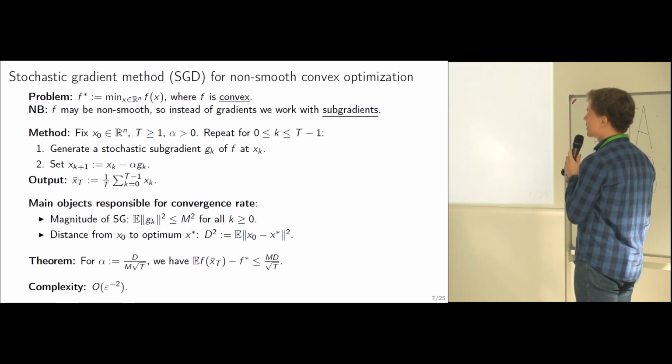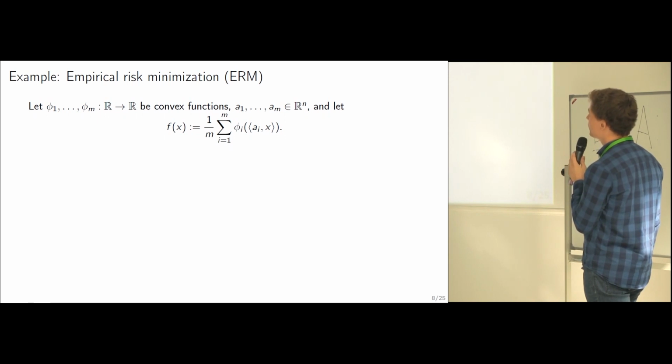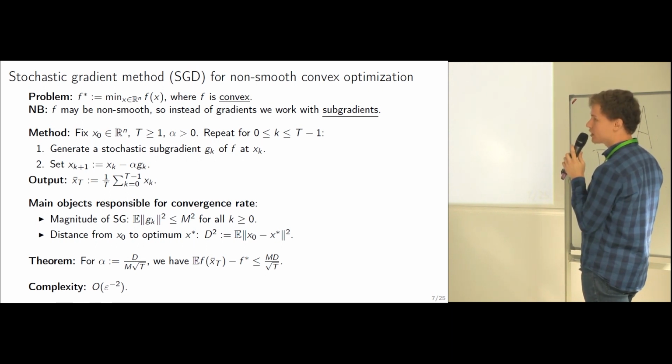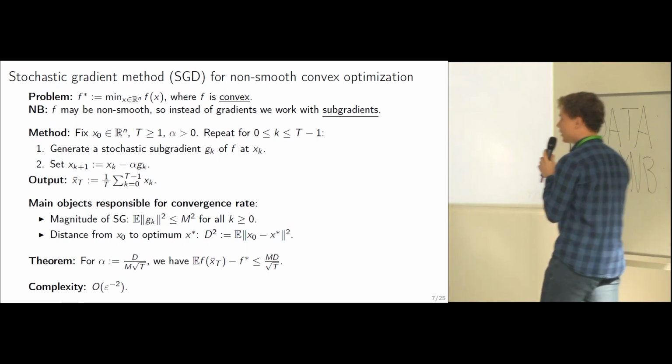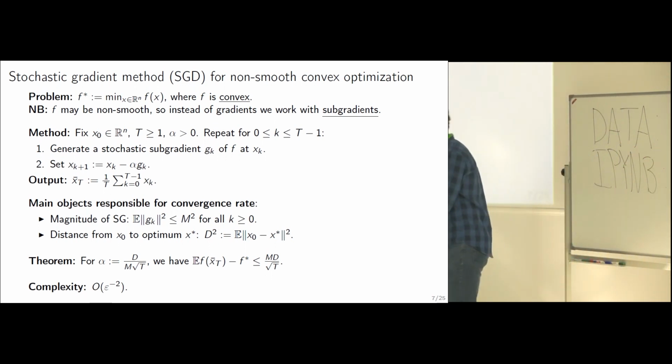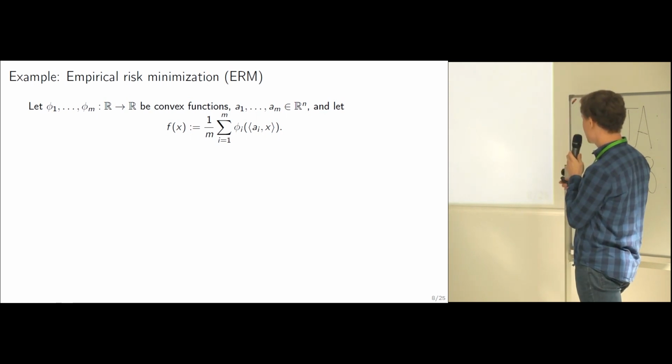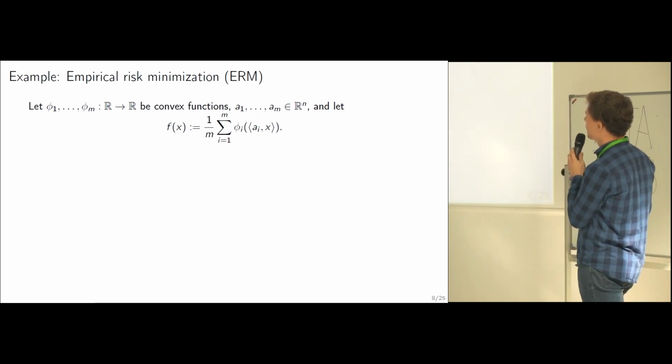Now let us look at a particular example to better understand this constant m. Right now it seems like a technical thing, but let us discuss the physical meaning of this constant. For this, it will be convenient to consider this simple problem, which again arises in machine learning.